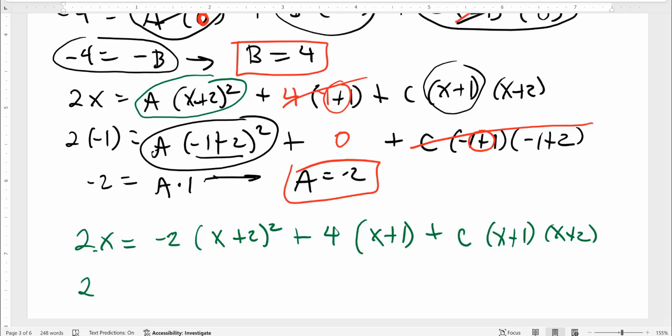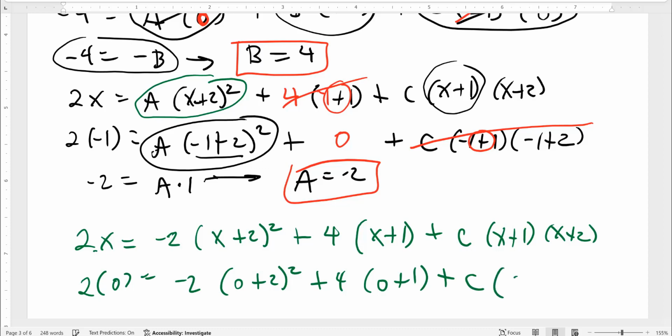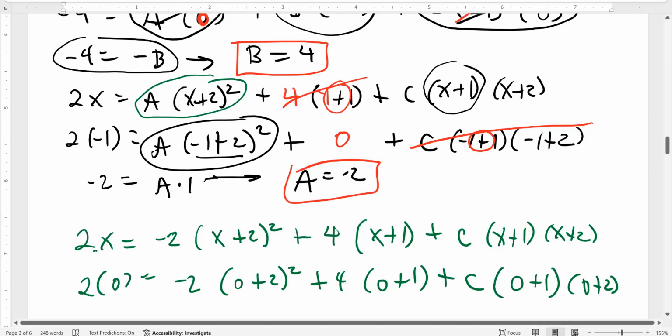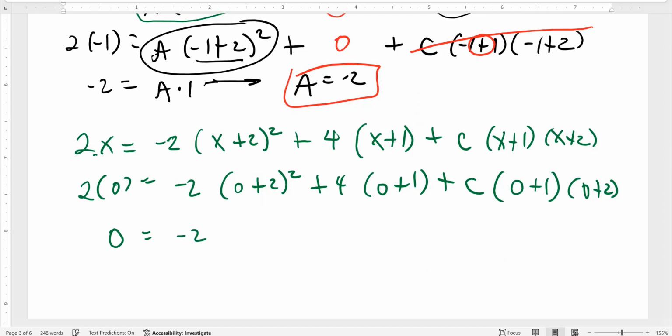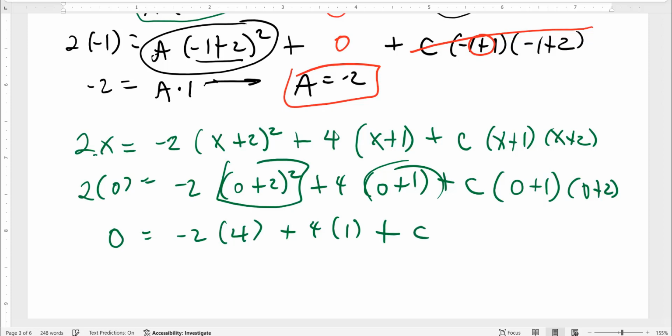So I'm going to get 2 times 0 equals negative 2 times 0 plus 2 squared plus 4 times 0 plus 1 plus c times 0 plus 1 times 0 plus 2. That's going to give me 0 equals negative 2 times, that's 2 squared, so 4, plus 4 times 1 plus c times 1 times 2.